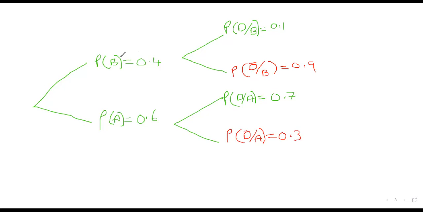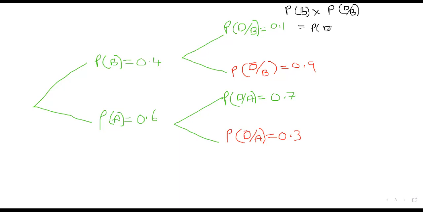Now remember, I was trying to give you a very short way of understanding how to come up with an intersection. So if I'm going to multiply the probability of B times the probability of D coming from B, this will become an intersection.